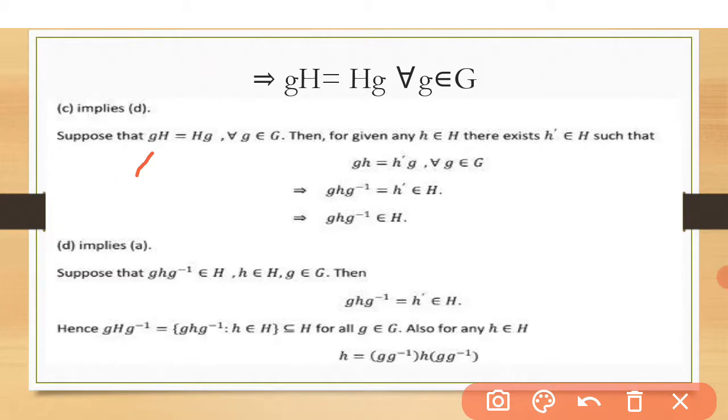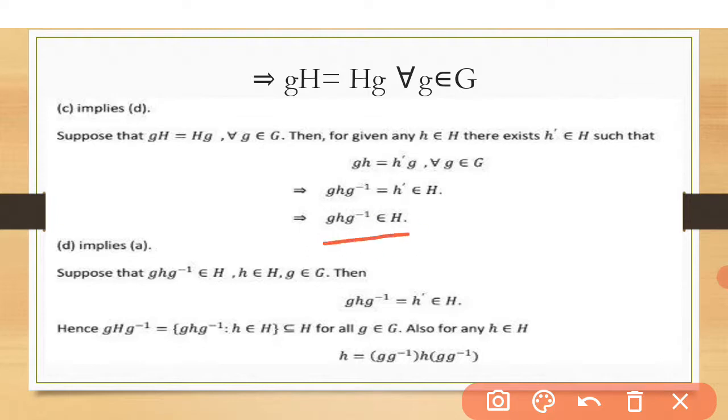g is an element of capital G and H is this subset. So h prime and small h are elements of H. From here, when we multiply by g inverse on this side and this side, we get ghg inverse equal to h prime, and we know that h prime belongs to H. So ghg inverse belongs to H, and this is what we prove.